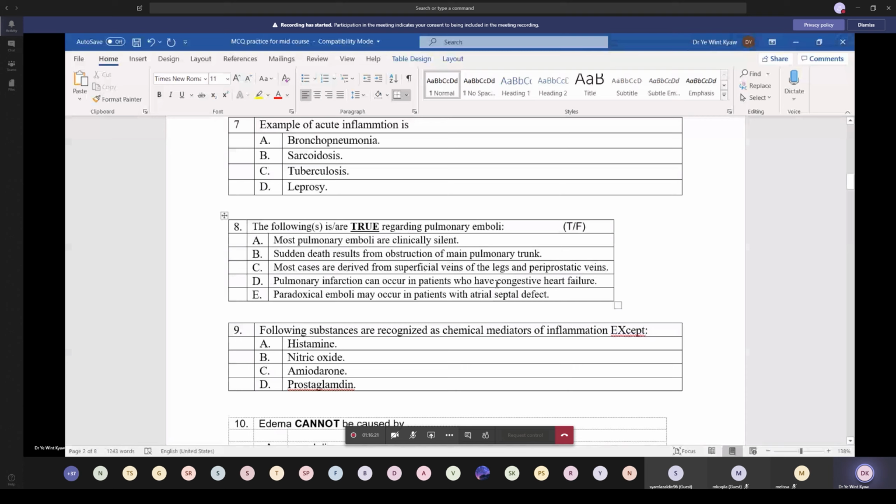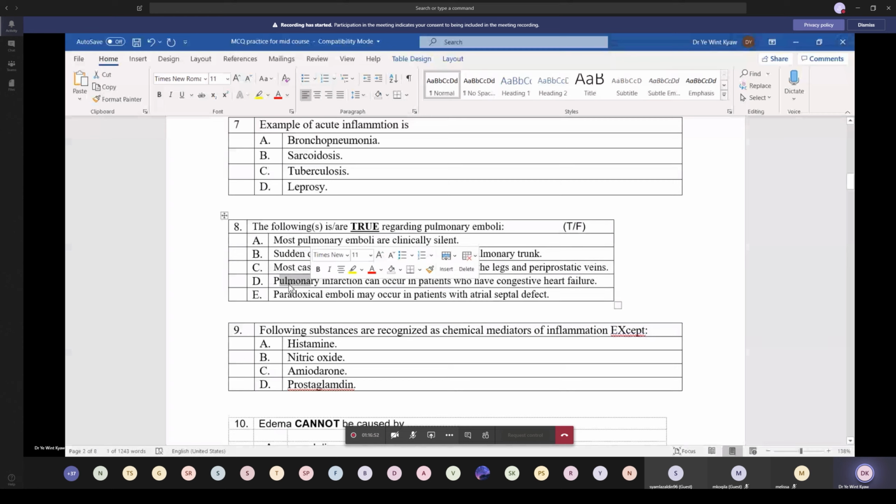Because in this predisposing factor, heart failure, there is congestion present in the lungs, so the lungs are already more prone to infection. This is another concept. If you cannot answer this, okay, the other answers A, B, C, E you should be able to answer. Quite easy.